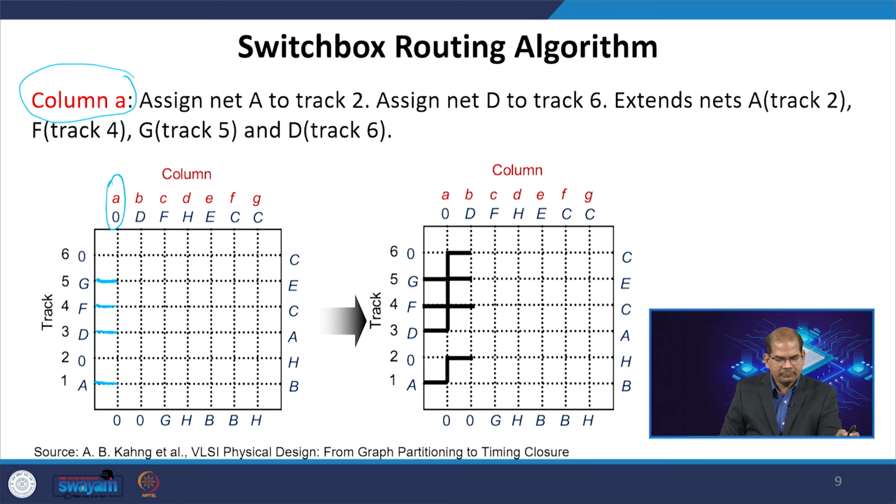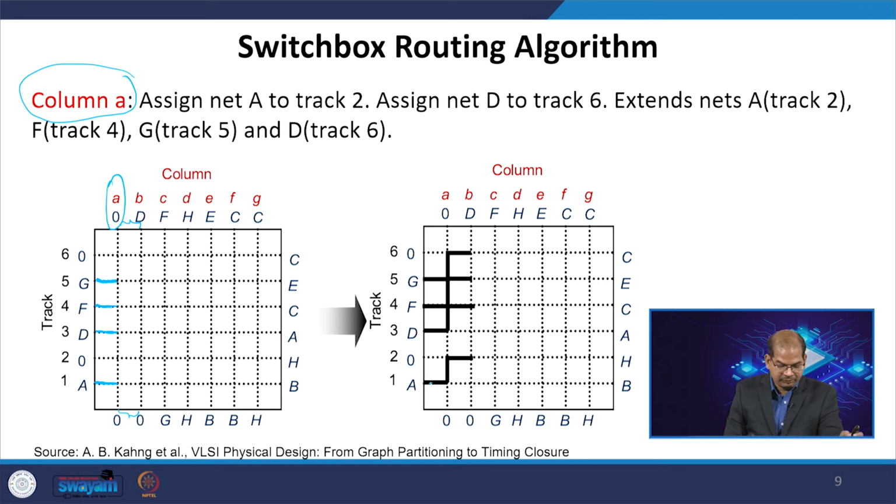Now, whenever we are considering column A, we are thinking about how I can do the routing in this area, how the signal or route should move. If you can see here, net A can move to track 2, because there is no route for track 2.